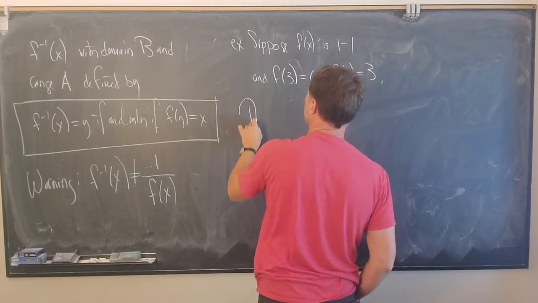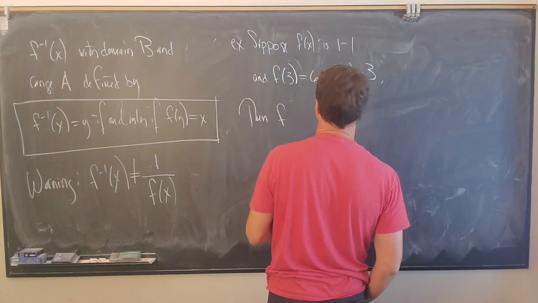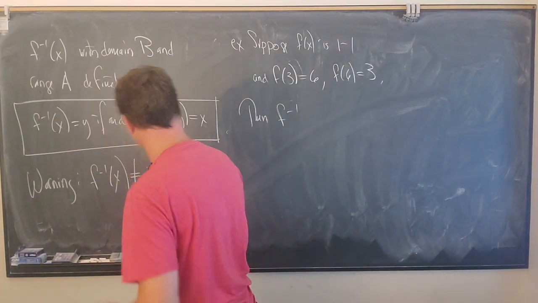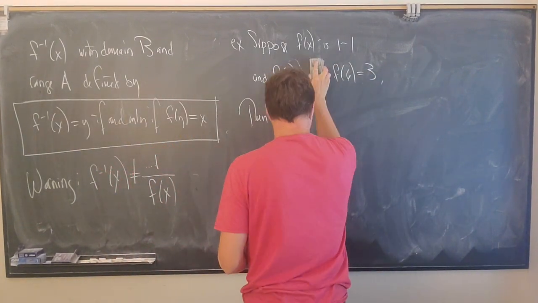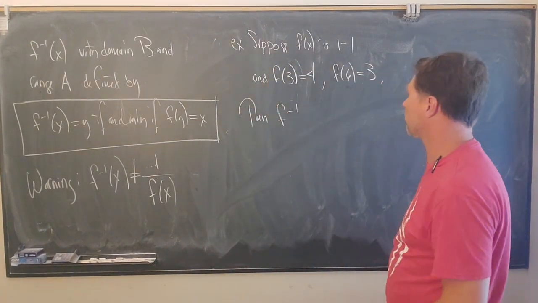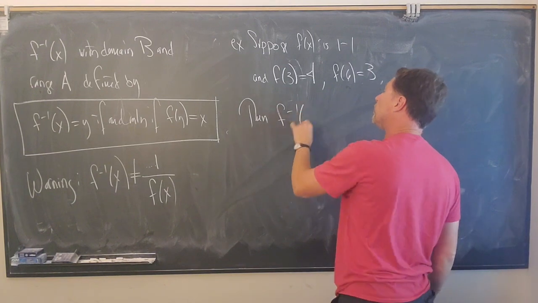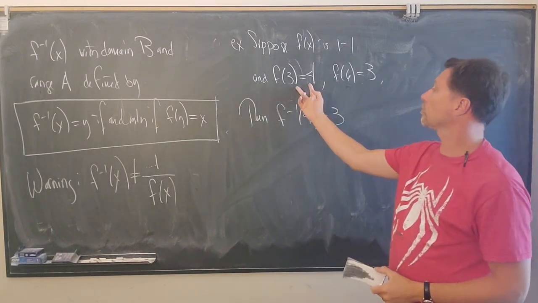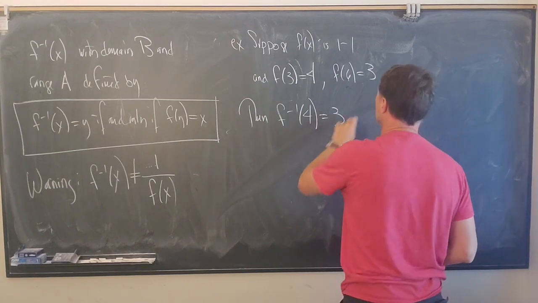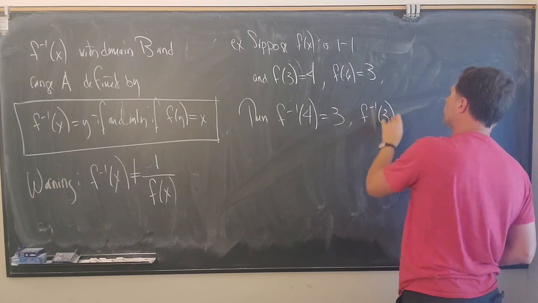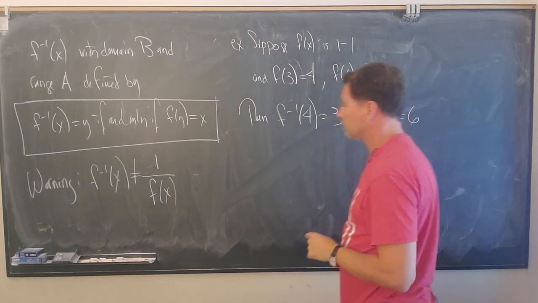Then, if we want to know, whoops, I wrote something wrong here. Sorry, f of 3, I want to equal 4, and f of 6 equal to 3. So then f inverse of 4 equals 3, right? They just reverse roles here. F inverse of 3, that's equal to 6.